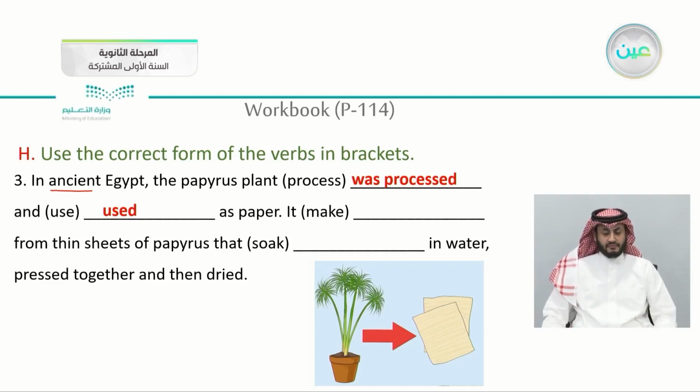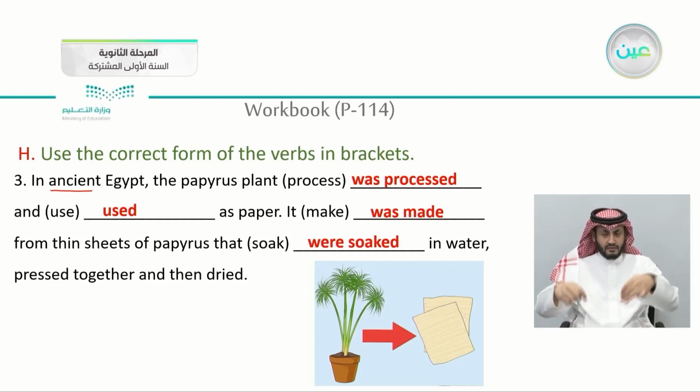It was made from thin sheets of the papyrus, so it was made from thin sheets that were soaked in water, because here I'm speaking about the sheets, not one, many, were soaked in water, pressed together, and then dried.